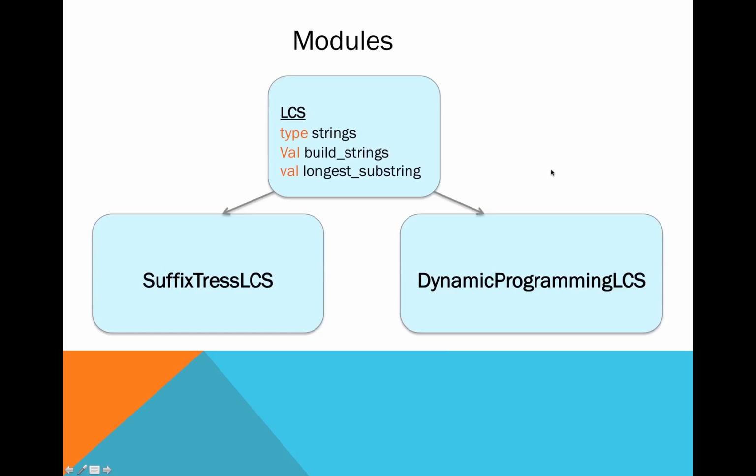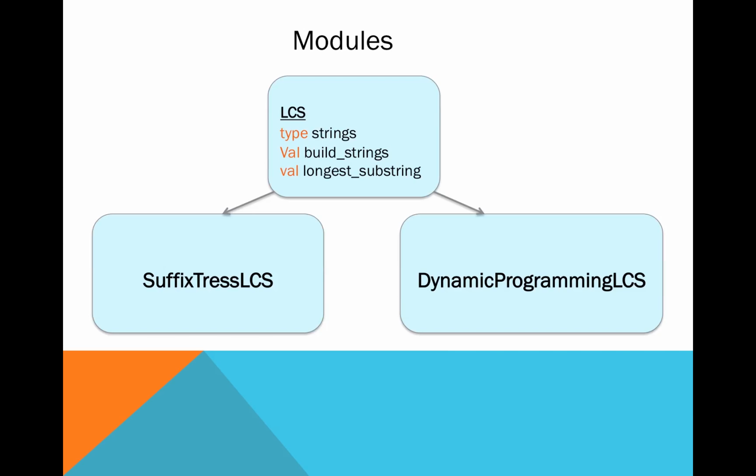So in my project, I have LCS, the model, the interface, and it has type strings that holds the input strings, and two main methods. The build strings method builds the structure.